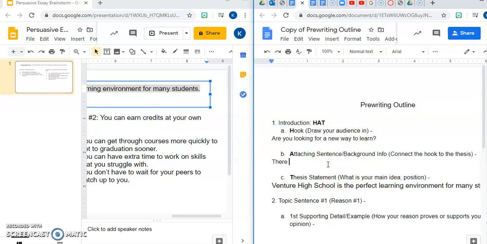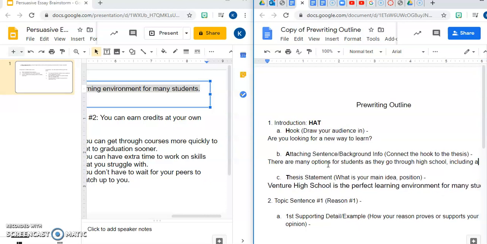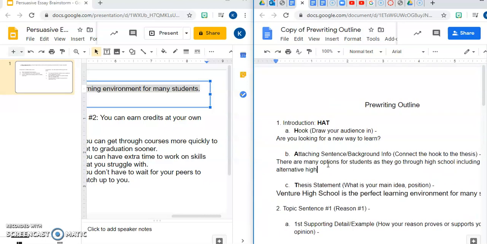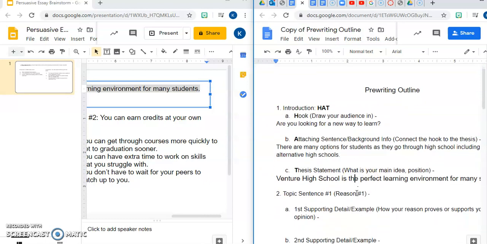So we might say there are many options for students as they go through high school, including alternative high schools. Oops, that should be lowercase because it's not a proper noun, and that wouldn't have a comma. Look at that. Including alternative high schools. Okay, and then we're going to have our thesis statement there.